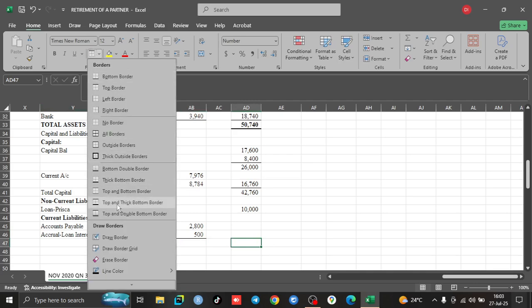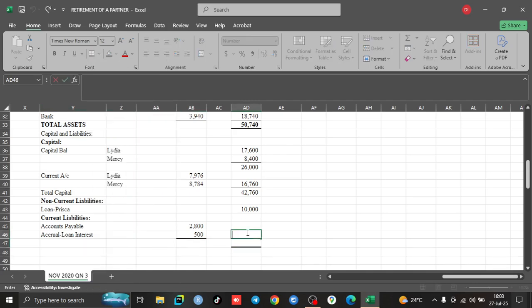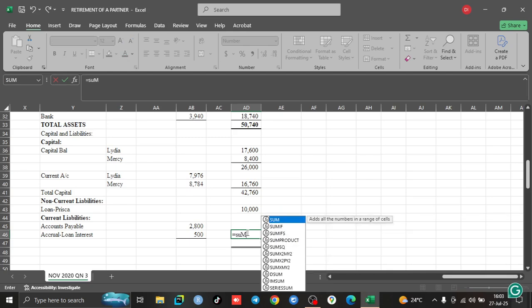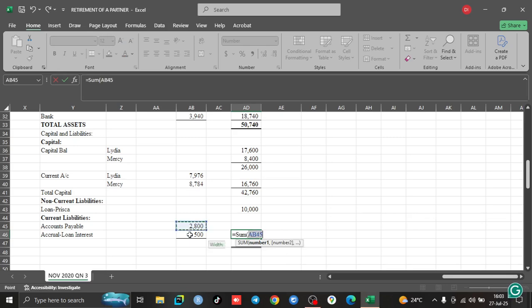From the look of things, we've made an error somewhere because the amounts do not balance, but we can backtrack and check where we omitted something. So the amount for the total capital and liabilities is 56,060.